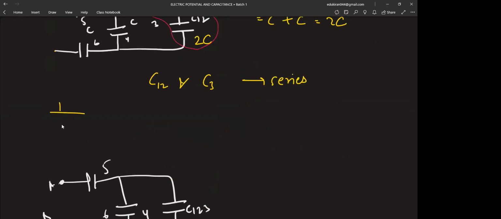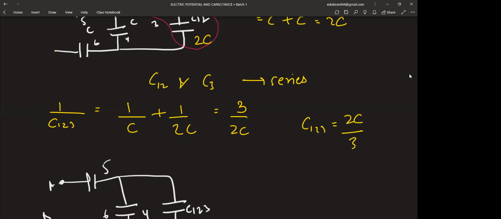So 1 by C123 will be equal to 1 by C plus 1 by 2C. Why? Because C3 is C, but C12 is 2C. So this becomes 3 by 2C. So your C123 will be equal to 2C by 3.